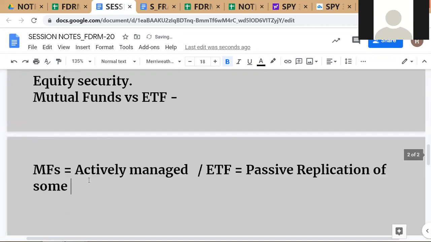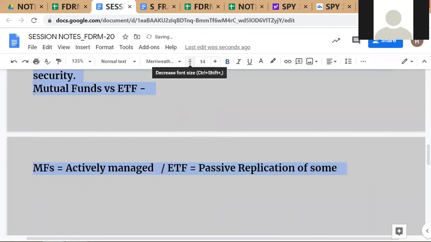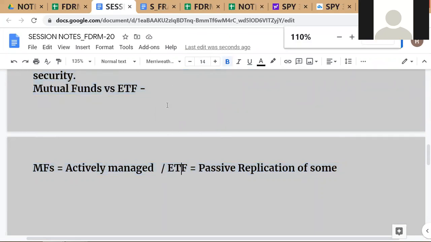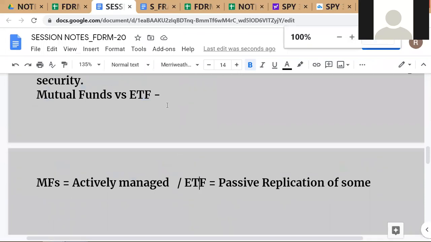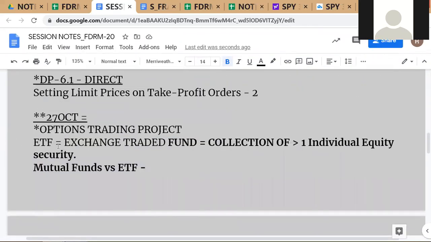So we can write this in separate, maybe this font is too big. Okay, so first is, what is the definition of an ETF?